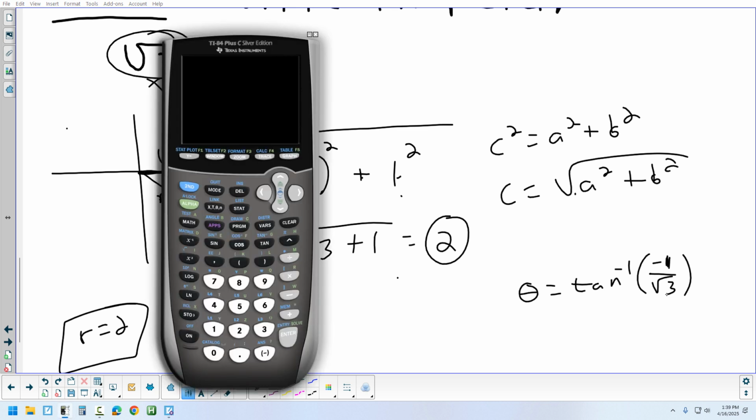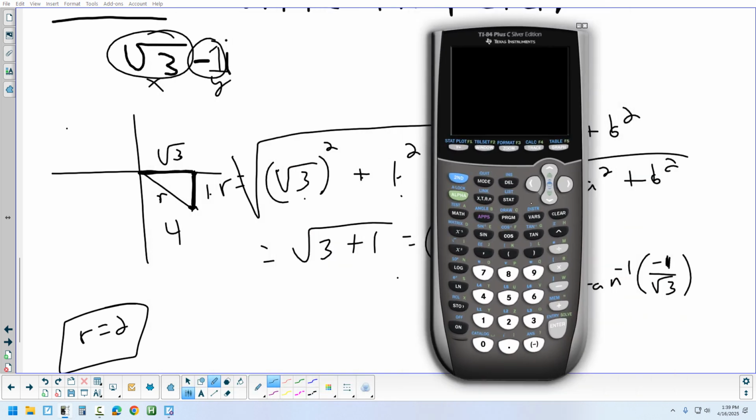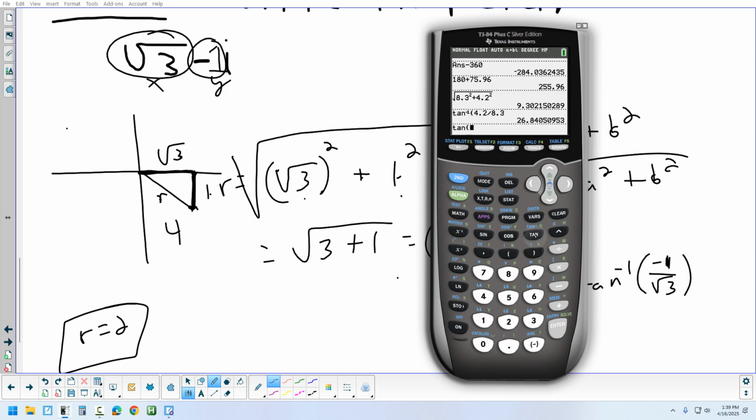When you do inverse tangent with a root 3, it's going to come out nice. It doesn't look like a nice number, but it will be. So the inverse tangent of negative 1 over root 3 is negative 30 degrees.